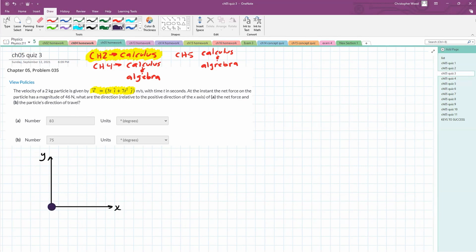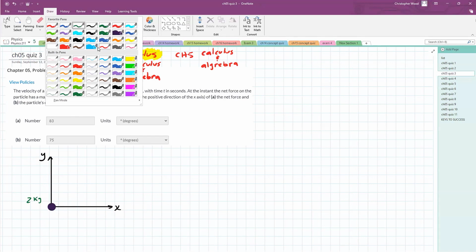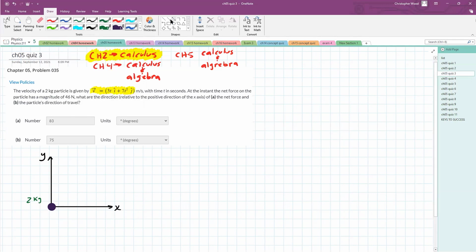And the velocity of this particle, this is a velocity function, which once again, as a scientist or engineer or computer engineer, you would actually program a device to give it this velocity.